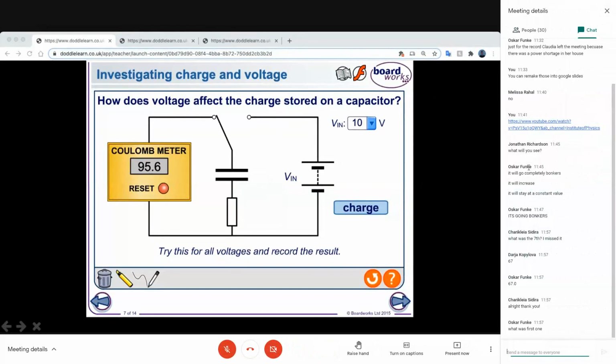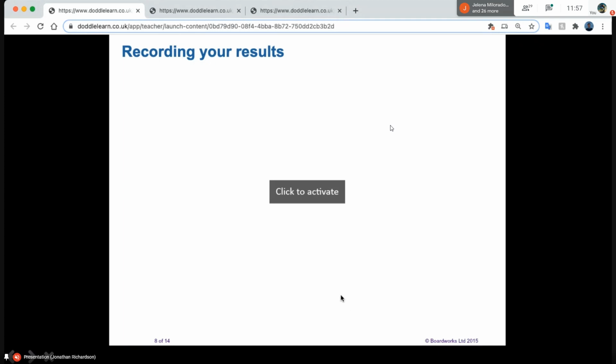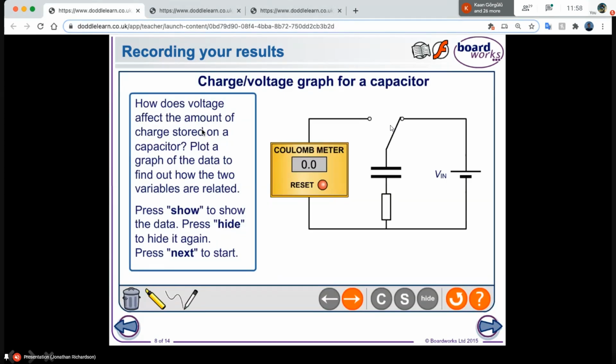Okay, good. So now, having done that, what I would now like to do is let's have a look and see exactly what it is that you have just done. My results are on screen, okay? So how did the voltage affect the amount of charge stored on this Coulomb meter? So we did 2 things. We applied a voltage, we measured the charge on that capacitor.